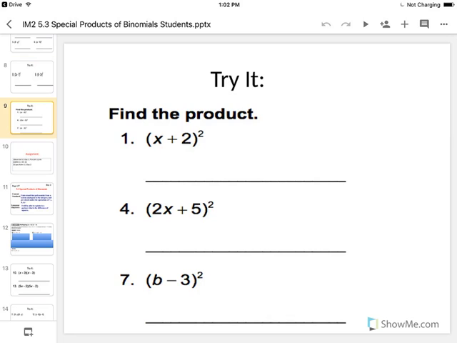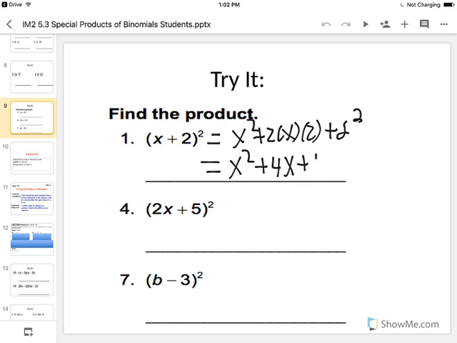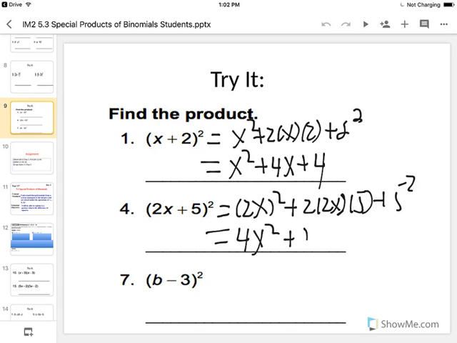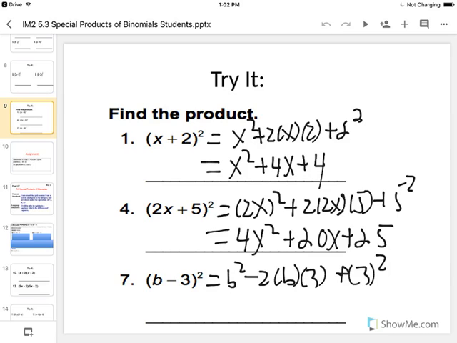These are some more examples. Check your answers to numbers 1, 4, and 7.